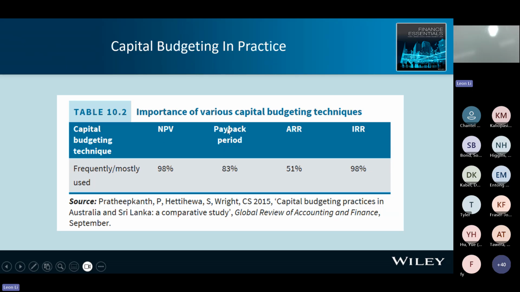But you can see payback period is also popular, 83%. IRR, 98%. Accounting rate of return is not as popular as payback, it's around 51%. But overall, you can see businesses or companies will use all the methods, not just one. They will consider others. The reason is simple. Other methods have the advantage.